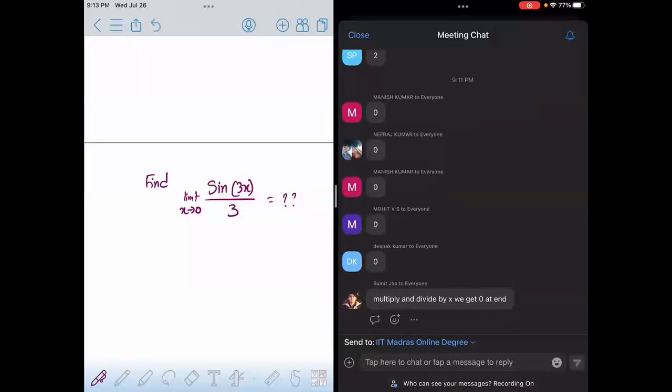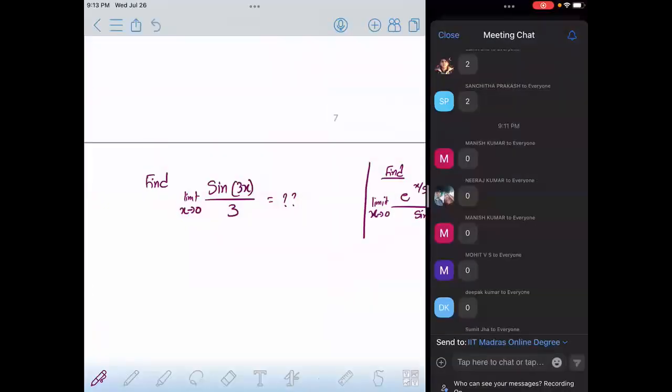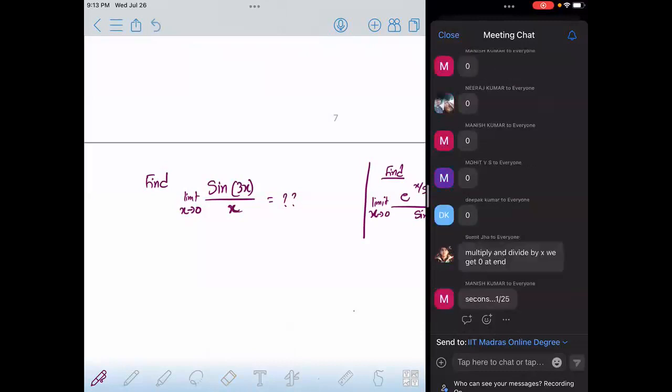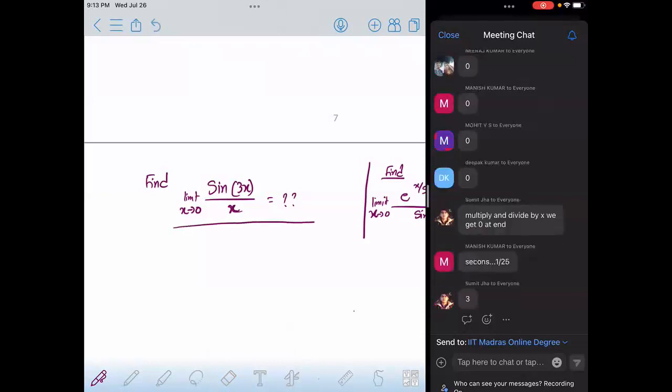Sorry, there is a mistake in the problem. The problem is sin 3x by x. Find the value of limit x tends to 0 of sin 3x by x.